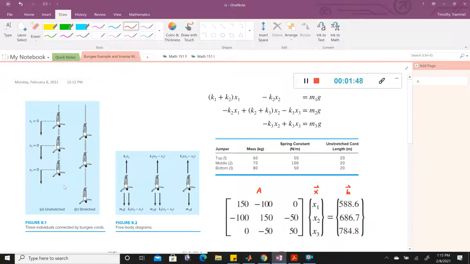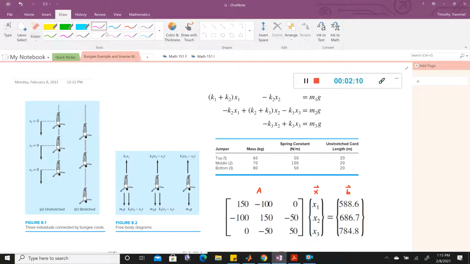Now, this X1, X2, and X3 are just the displacement of each bungee jumper. And by displacement, we mean if these bungee jumpers were massless, where would each one of those nodes be?